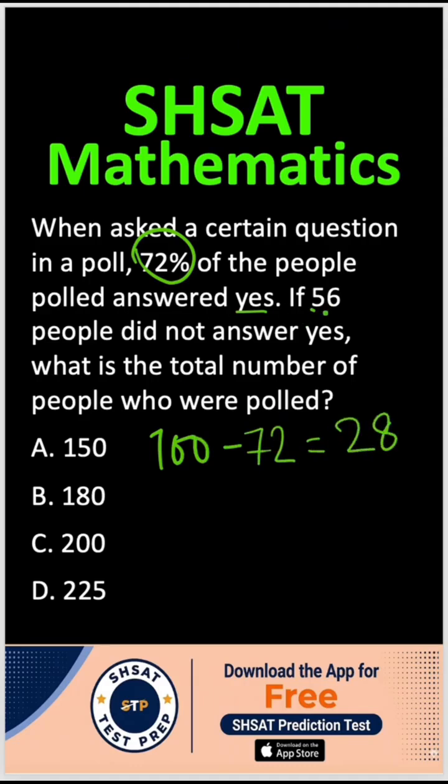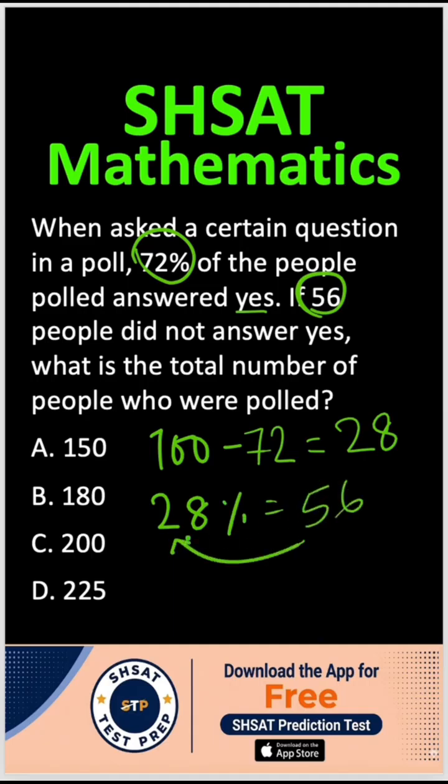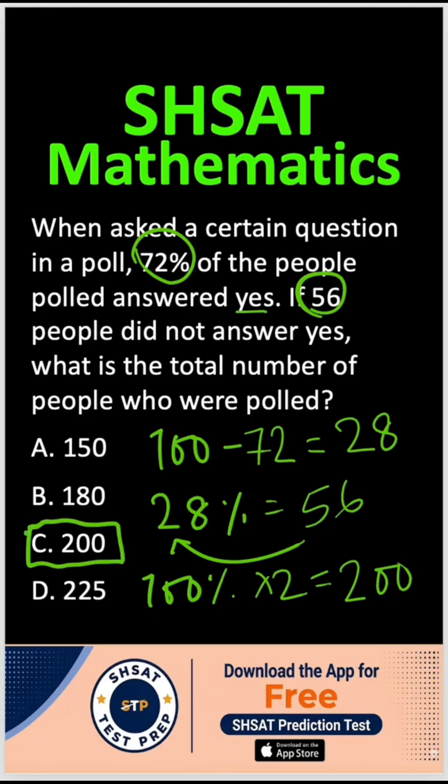Now it's given that 56 people did not answer yes. So if you notice, 56 is exactly twice 28. So we can multiply 100% by 2 to get the total number of people that were polled, and 100 multiplied by 2 gives us 200, and with that the correct answer is option C.